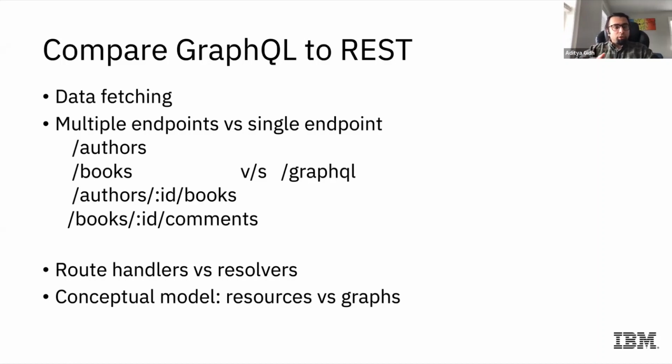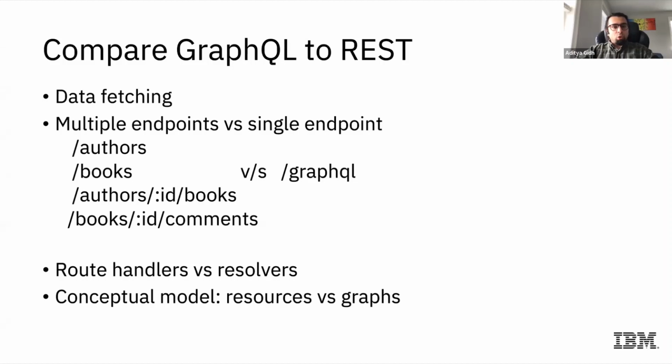With GraphQL, you have things called resolvers, whereas with REST, you have route handlers. In REST, every request will generally call, say, one route handler function. Whereas in GraphQL, you will have one query which can call multiple resolvers to construct a nested response, which can return multiple resources.